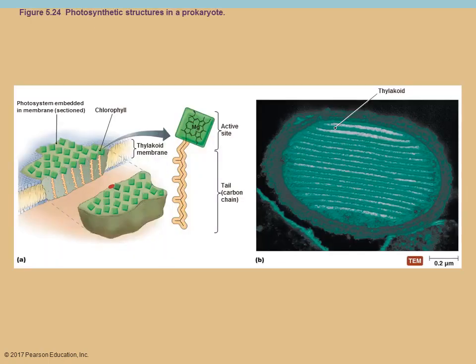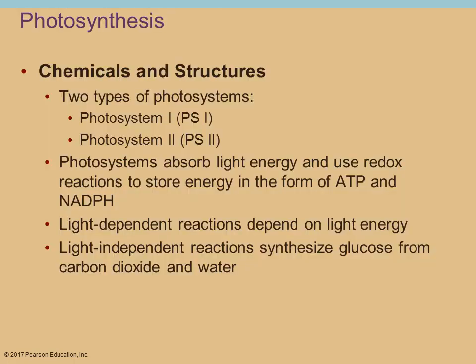And this just shows a diagram of the chlorophyll embedded in the membrane of a prokaryotic cell, and then the thylakoid where it's embedded in the chloroplast of a eukaryotic cell. Within photosynthesis, it's broken down into two photosystems, photosystem 1 and photosystem 2.